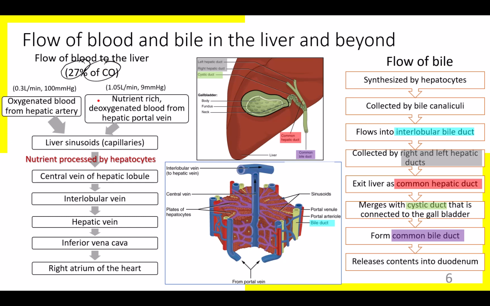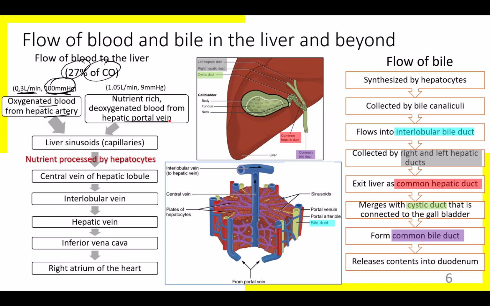And what you can see here is that you've got two sources of blood. As I said, we've got oxygen-rich blood direct from the heart through the hepatic artery. And you can see here that this oxygen-rich blood reaches the liver at a very high pressure, but there's not that much blood, right? 0.3 liters at 100 millimeters of mercury.